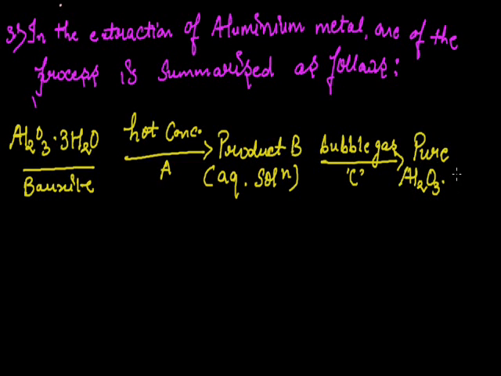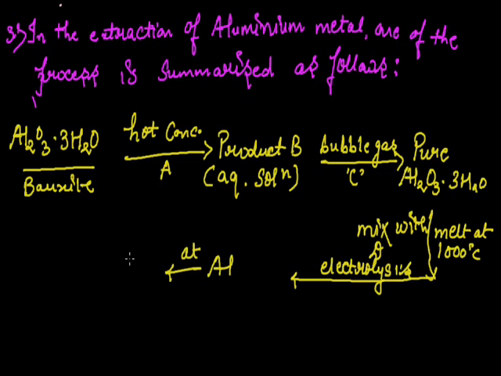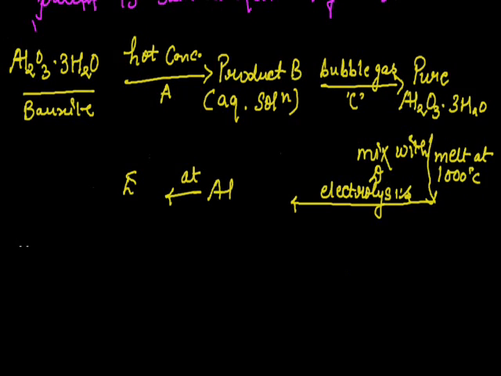This, when mixed with D, melts at 1000°C, and then electrolysis takes place so as to give aluminium at E. Now in the given reaction we have to identify what are A, B, C, D and E.